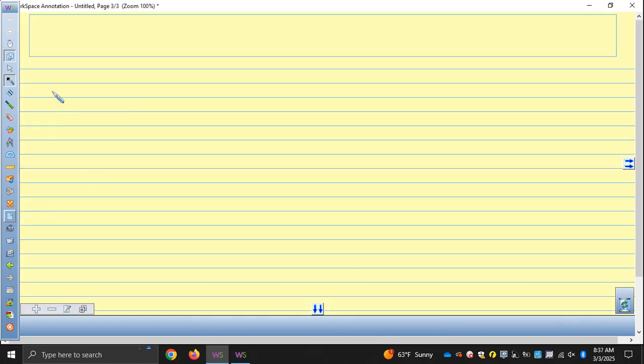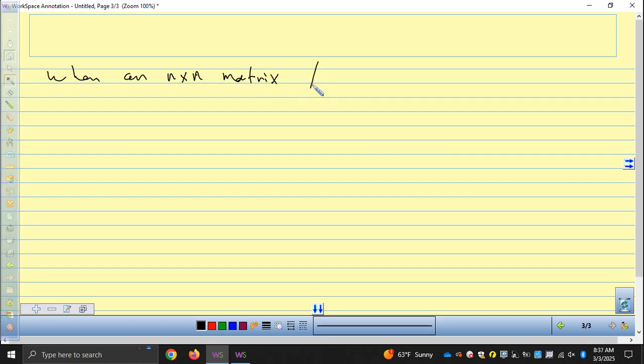So when an n by n matrix A has n real distinct eigenvalues, lambda 1, lambda 2, up to lambda sub n, we can always find n linearly independent eigenvectors.